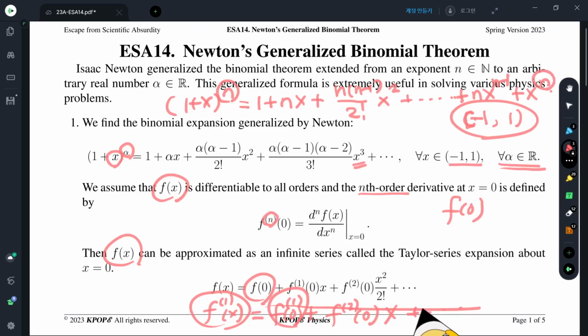In a similar manner, the nth order derivative at x equals 0 can be obtained exactly as given. And this is called the Taylor series expansion, and this is true for x equals 0 and for x equals non-zero. This series converges to f of x arbitrarily closely as long as the nth order derivative is calculable to any order.